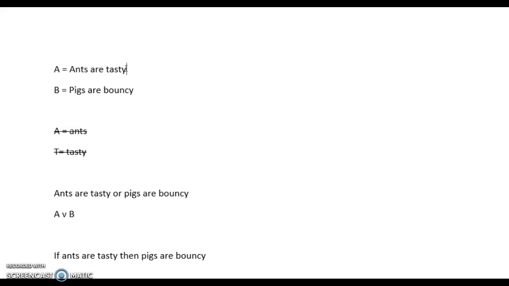Or you have a subject and some kind of property that pertains to it. In this case, that would be ants are tasty or pigs are bouncy, right? Where you have the subject, the ants, the verb, which is are or to be, and then tasty, which is obviously a state of being, which signifies that it's delicious, right?